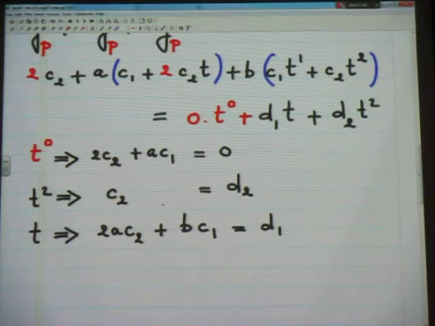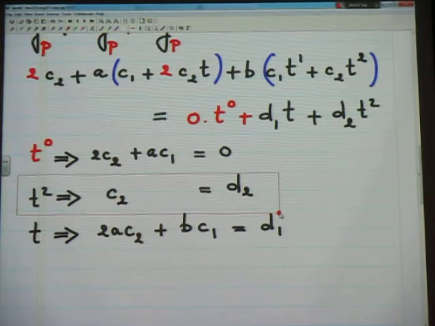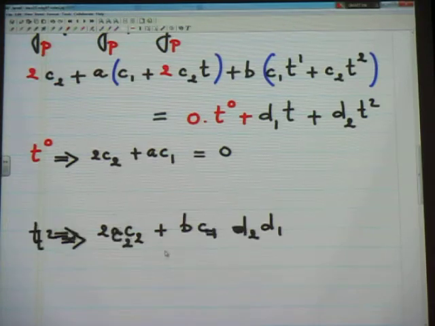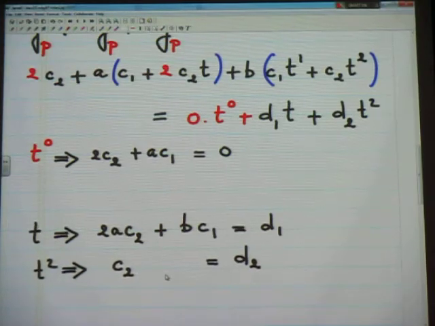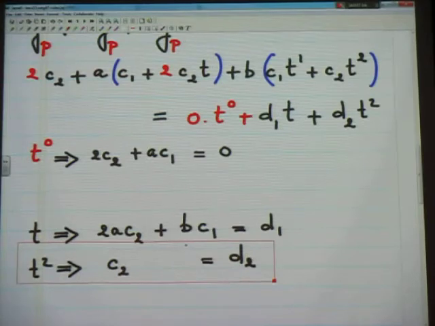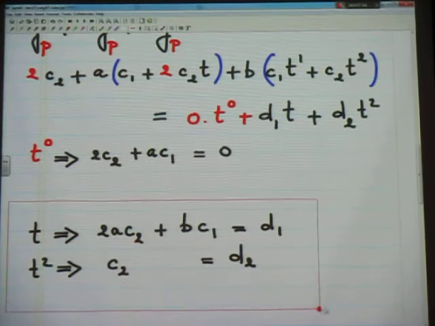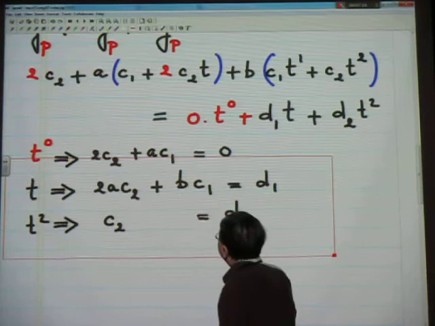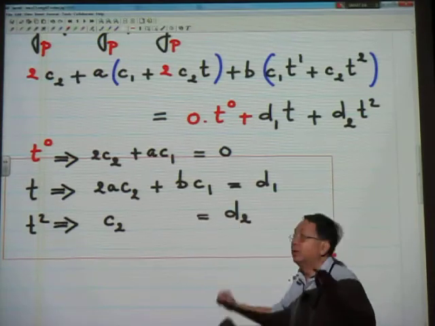I could put something like this. We go from order T0, T1, and T2. So here you have 3 equations for 2 unknowns.